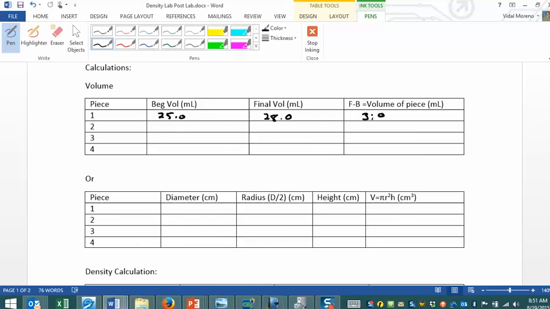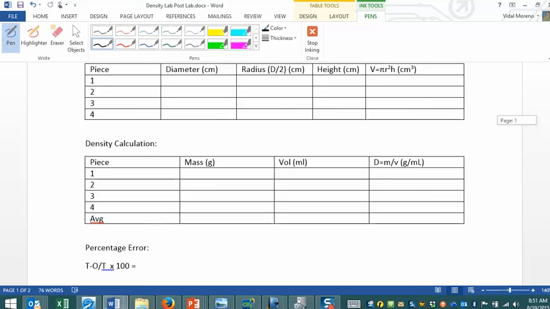You could just put down the equation D equals M over V. I went ahead and put down all the information that was already there so that it's crystal clear, because I hate to assume. Mass, volume, density is mass over volume, grams over milliliters. And what happens if I put units in parentheses? I don't have to put all the units down.